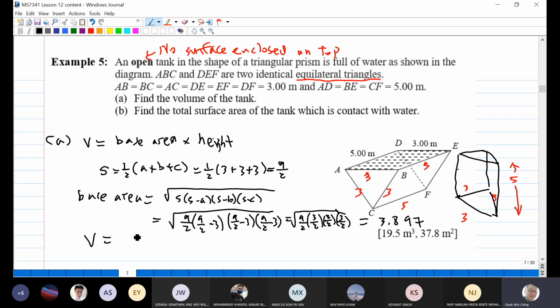Base area is 3.897 if you calculate it, and then multiply by 5. Height is equal to 5 here. And then this will give you the volume, which is 19.5.